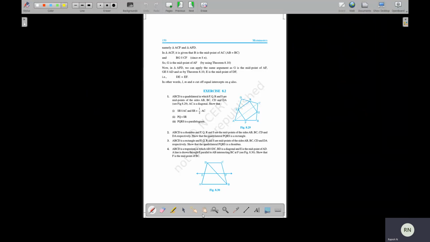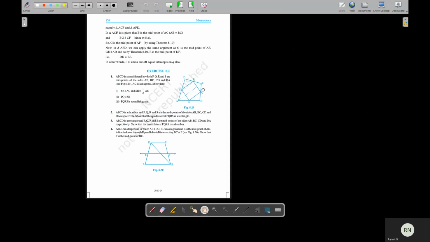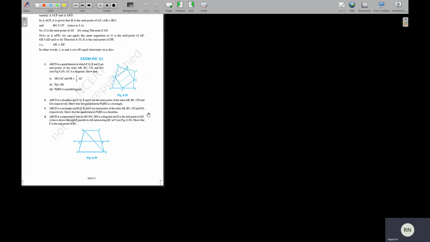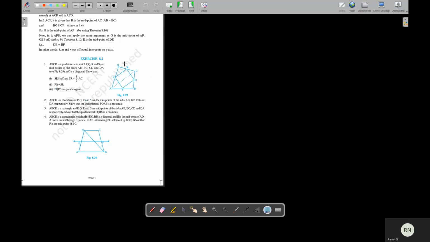ABCD is a quadrilateral in which P, Q, R, S are the midpoints of sides AB, BC, CD, DA. AC is a diagonal. Show that SR is parallel to AC and SR is equal to half AC.